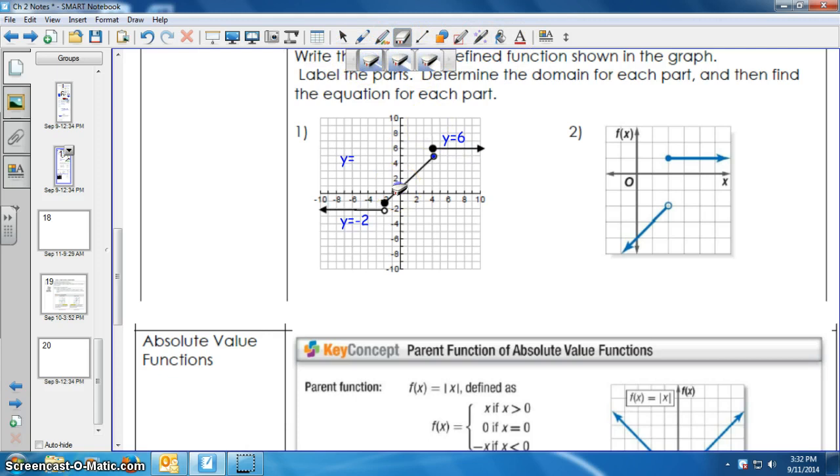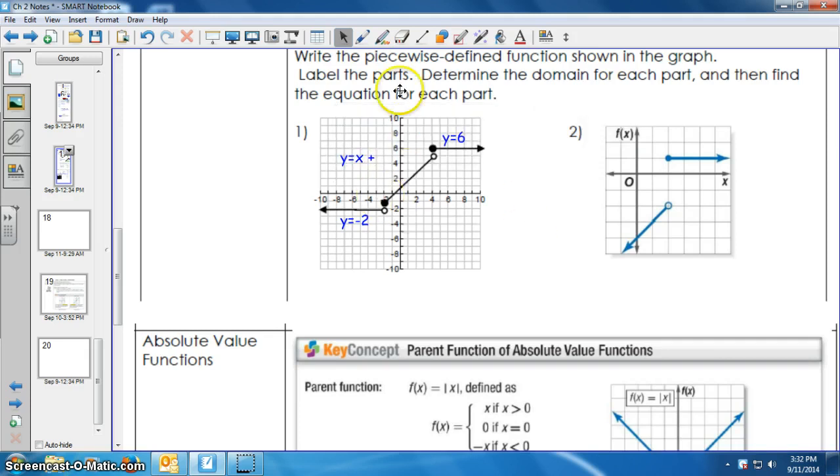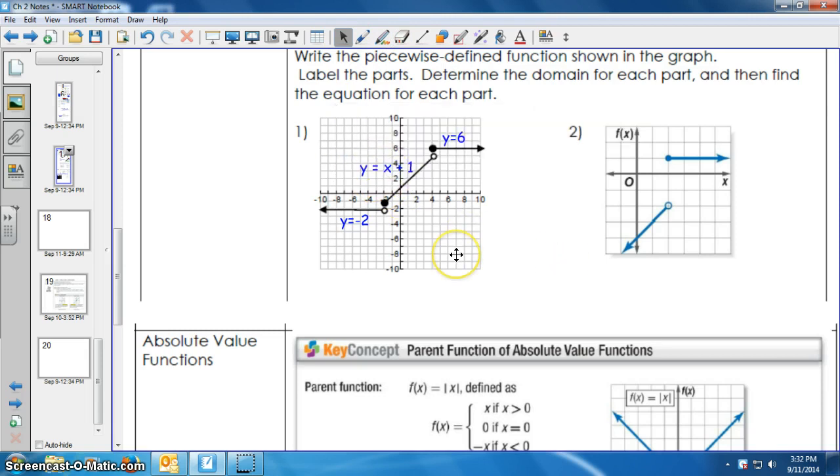So we can just put an x there. And then where are we starting? So plus, where's our intercept? We can see our intercept touching at 1 right there. So we can go ahead and put +1 there. All right, so that's our equation for that line.